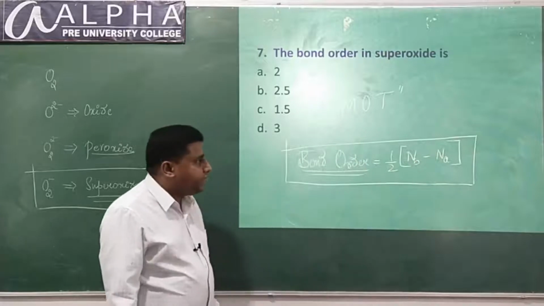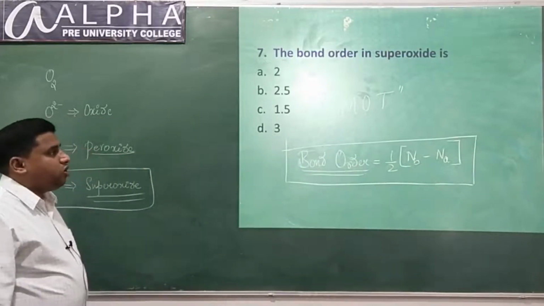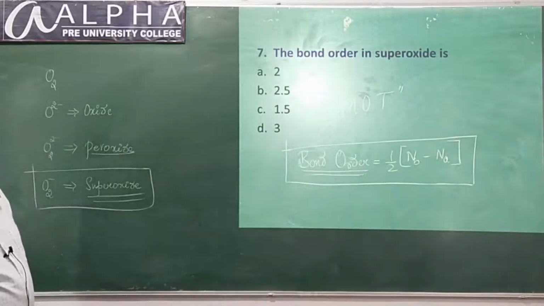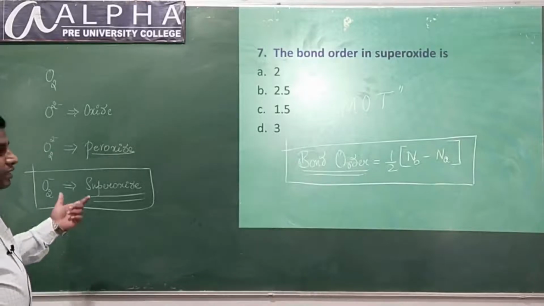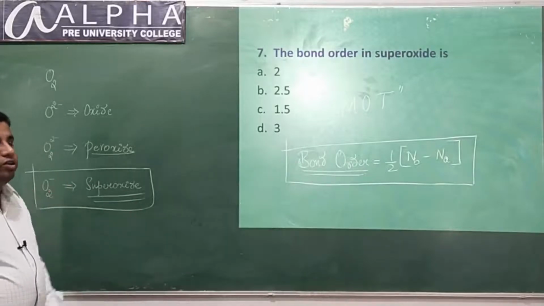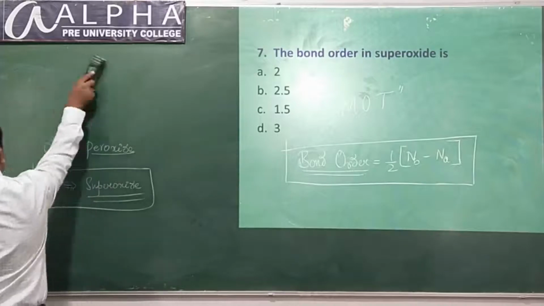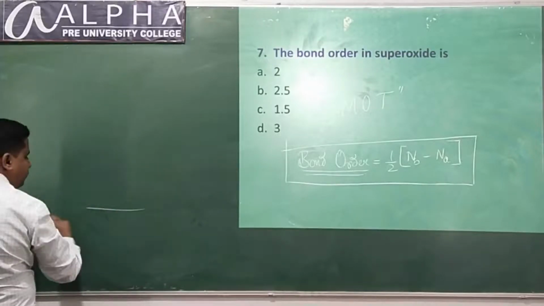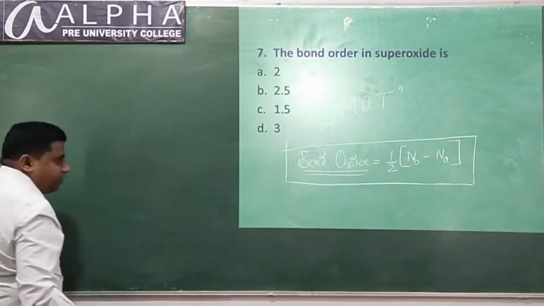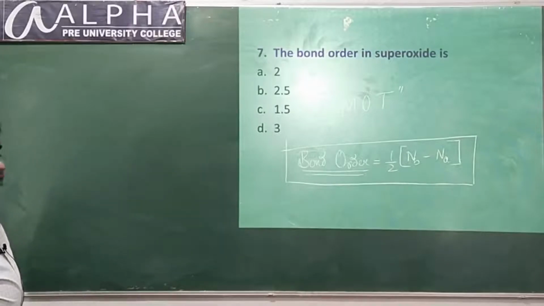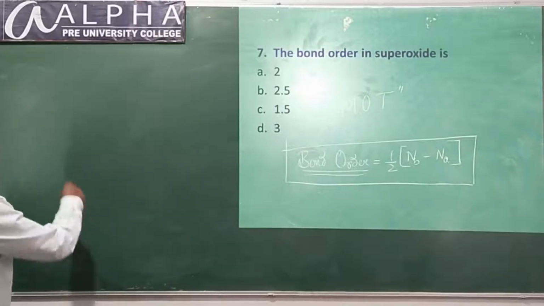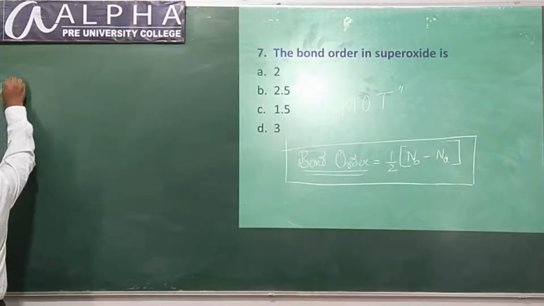So shall we calculate the bond order using molecular orbital theory? Yes. You have to write the electronic configuration according to molecular orbital theory. So what is the electronic configuration?